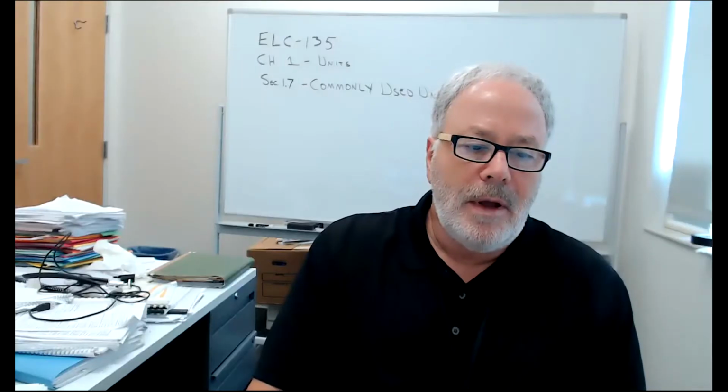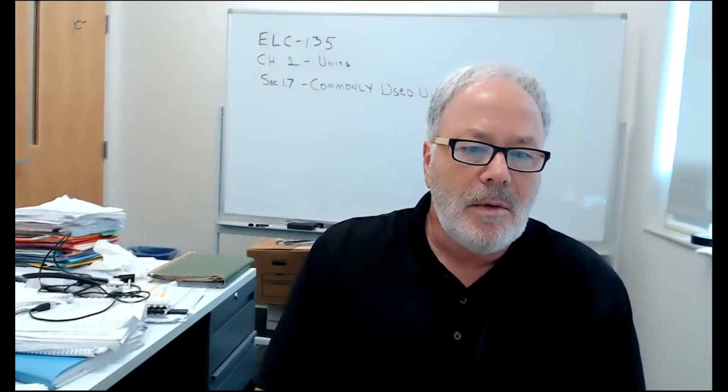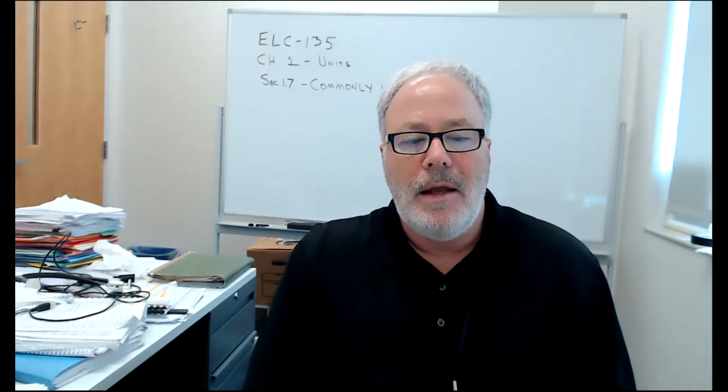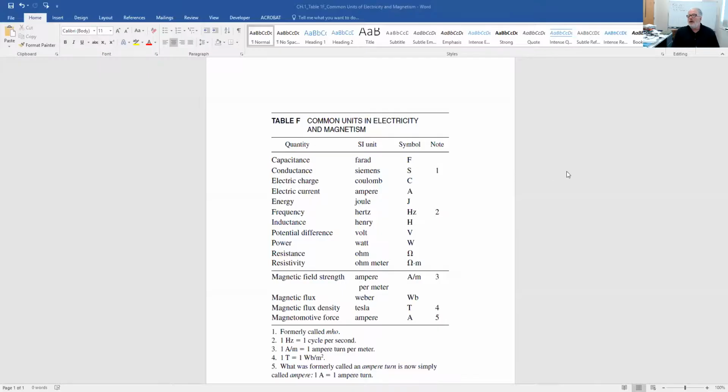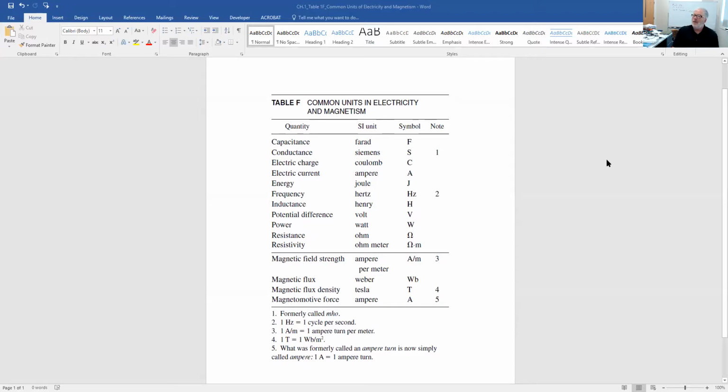And then the last one that we'll look at is this table 1F, and it is sharing with us these common units of electricity and magnetism. We're very familiar with the electricity units, but remember, this whole energy conversion process that occurs in electrical machines, mechanical to electrical, electrical to mechanical, is done through the medium of a magnetic field.